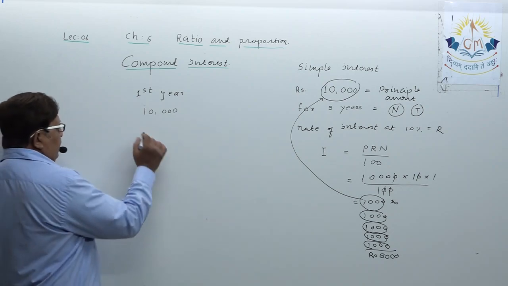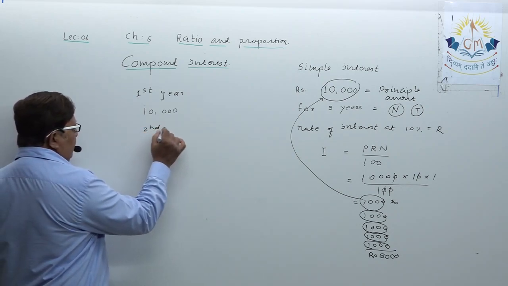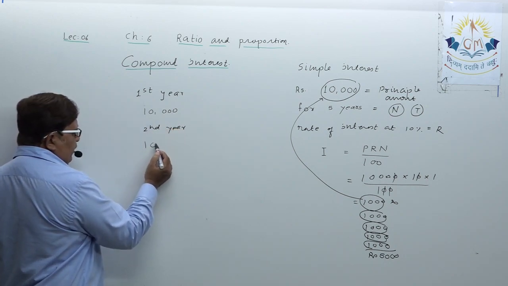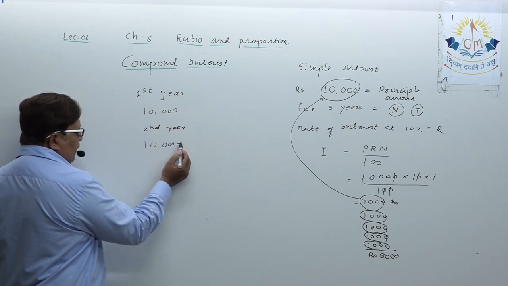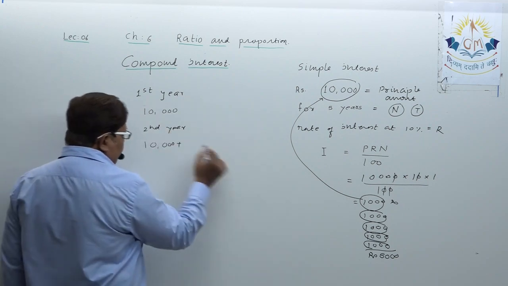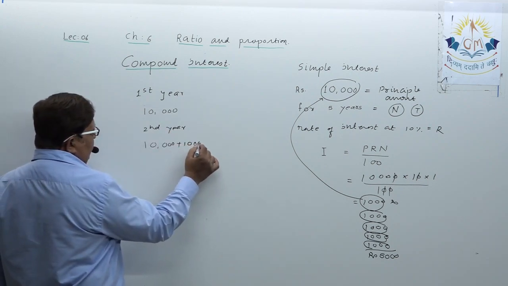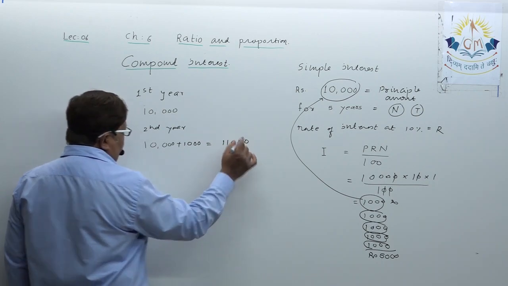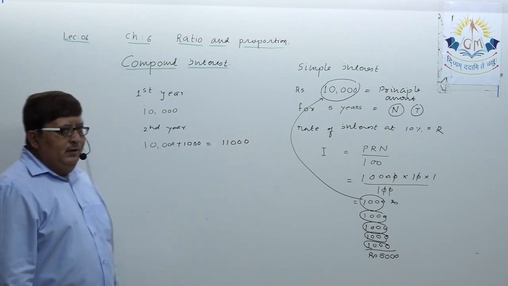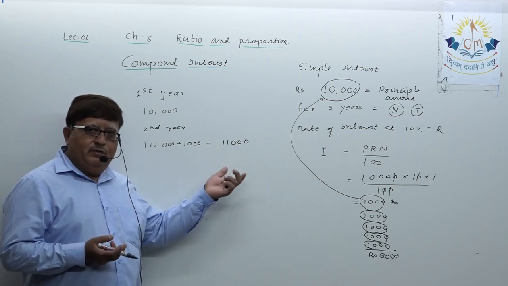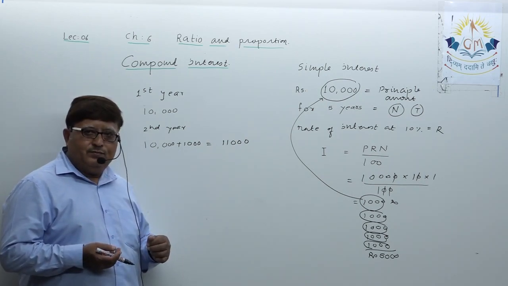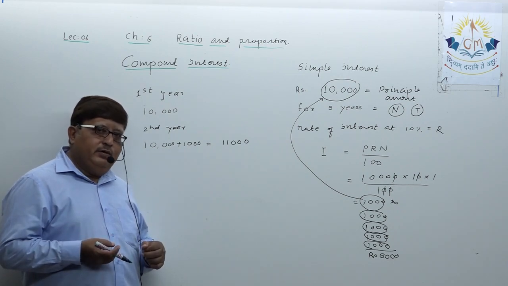But then in the second year, your interest is not counted on 10,000, but the interest 1000 is added, so your principal became 11,000. So obviously the interest will increase because it is counted on 11,000. Principal changed.